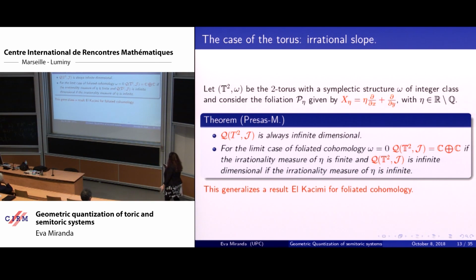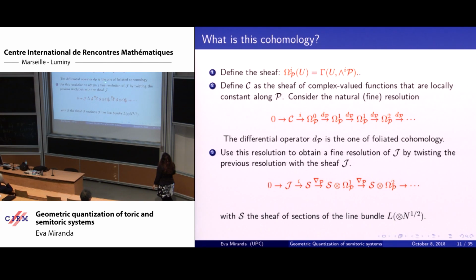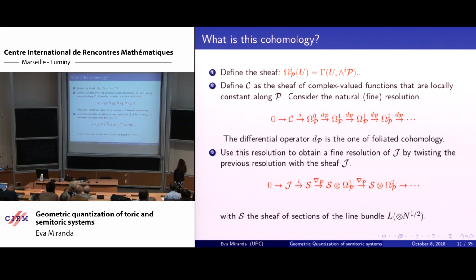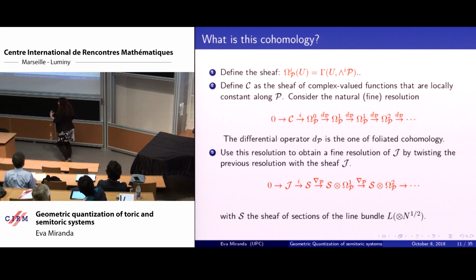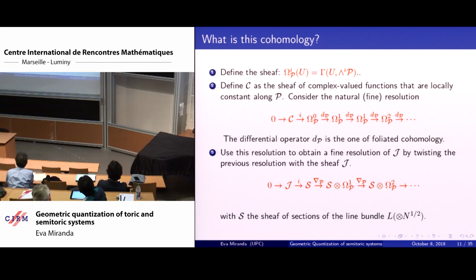You may say, well, in the presentation you had the other point of view: you started with sheaf cohomology associated to foliated cohomology, and then you twist. Yeah, but in practice, sometimes you have a better understanding of this complex, and then you can recover the foliated cohomology complex as a limit when omega equals 0. So you can always think of foliated cohomology as the Kostant complex when the symplectic form is 0.